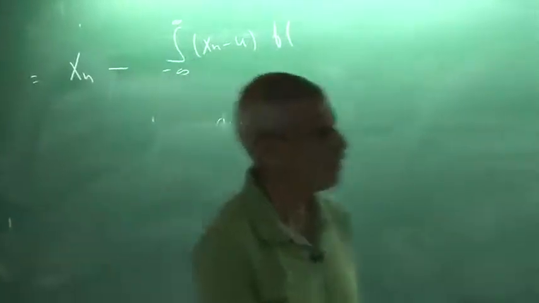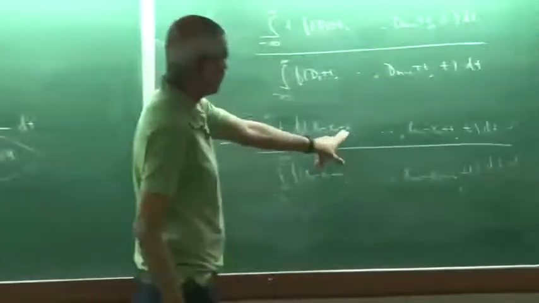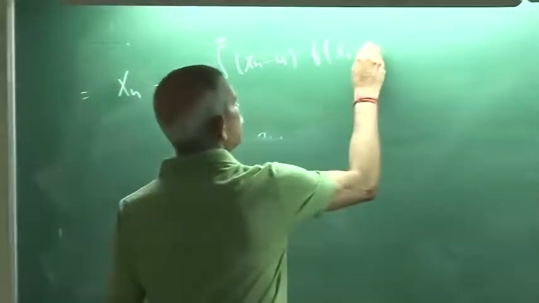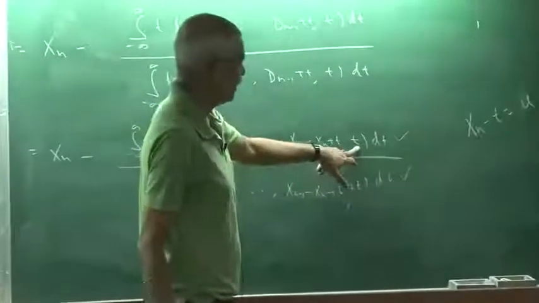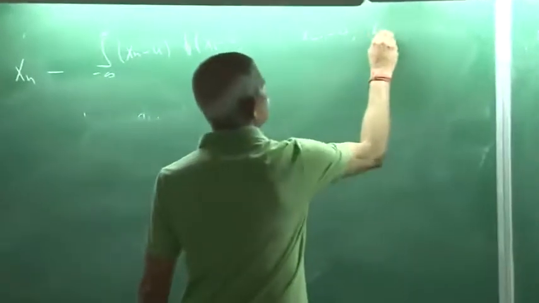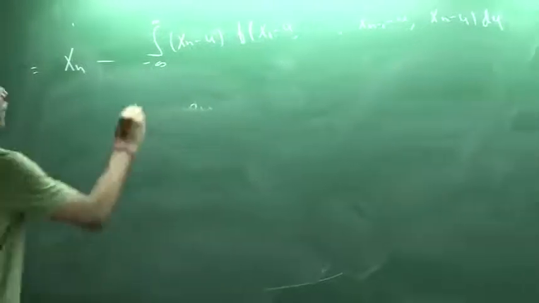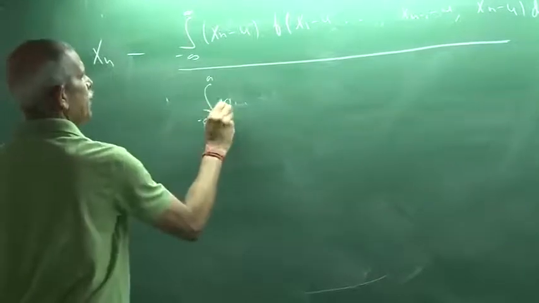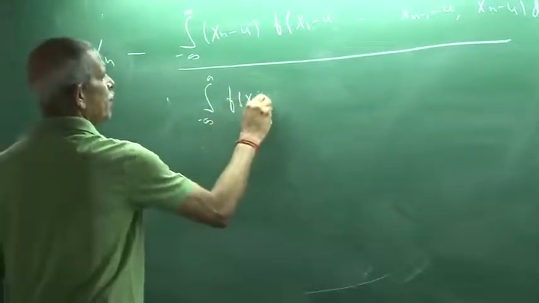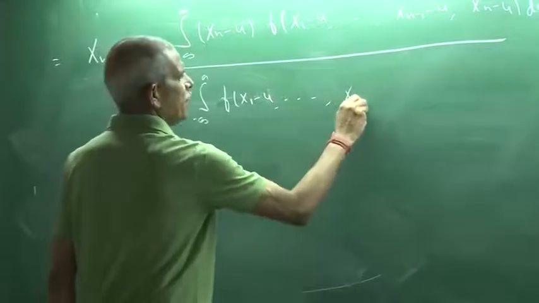Now all these xn minus t's have become u, so this becomes f of x1 minus u, xn minus 1 minus u, and then t is nothing but xn minus u, divided by minus infinity to infinity f of x1 minus u, xn minus 1 minus u.